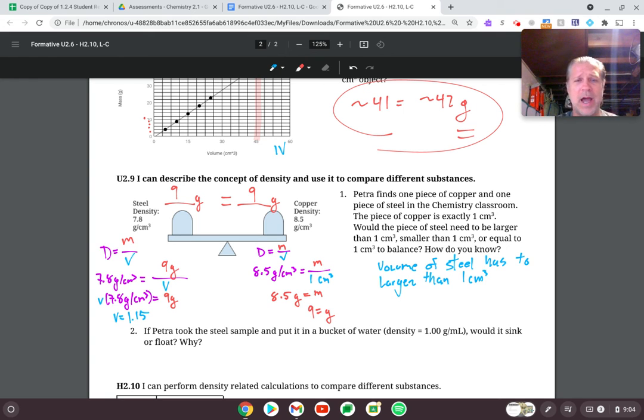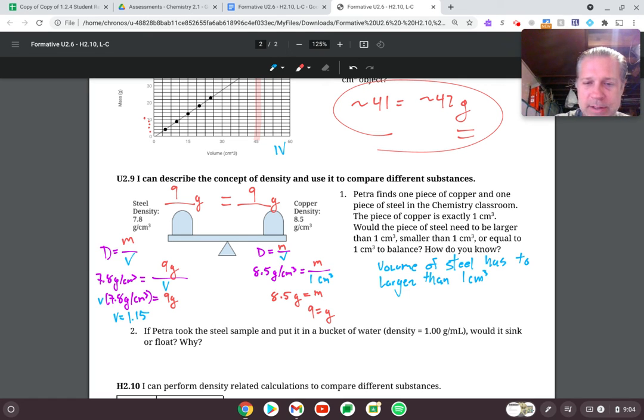The other point is, how do we know? We've talked about the ratio of mass to volume being bigger or smaller. In this instance, the ratio of mass to volume of steel is going to be a smaller ratio, meaning that the volume has to be bigger.